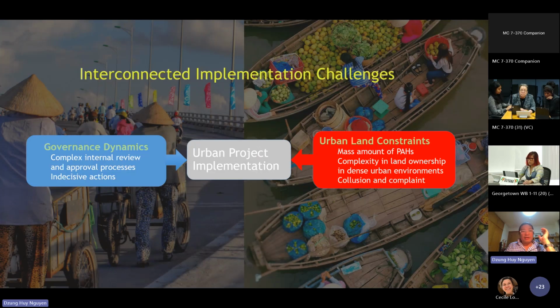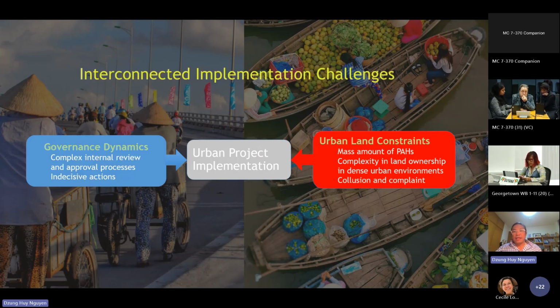For instance, in terms of land acquisition, the project impacted nearly 9,000 households, and among them about 1,000 households were relocated. It's very complex.